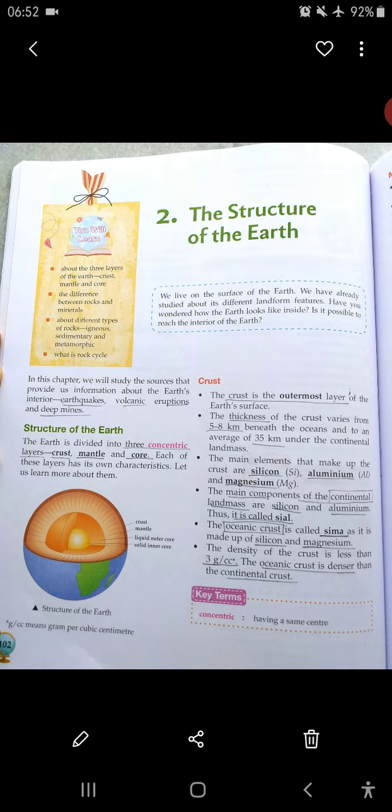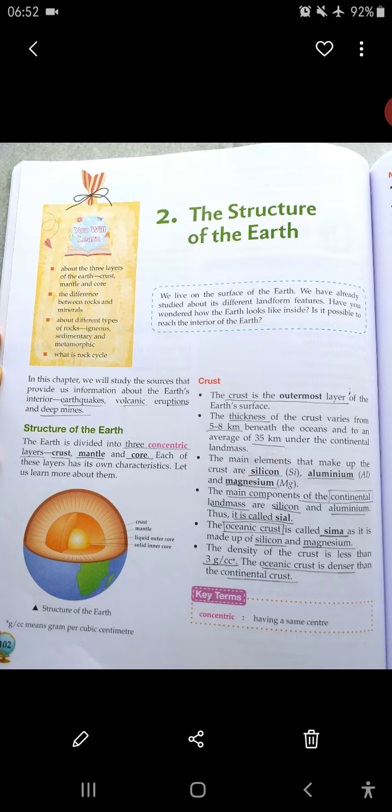If you open your book, page number 102, and see the diagram of the earth given there, you can see that the earth is divided into three layers, the crust, mantle, and core. And there you can again see the division of the core as a liquid outer core and a solid inner core, right?